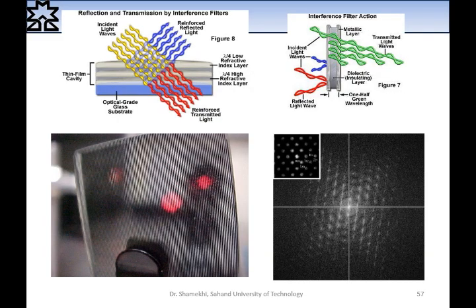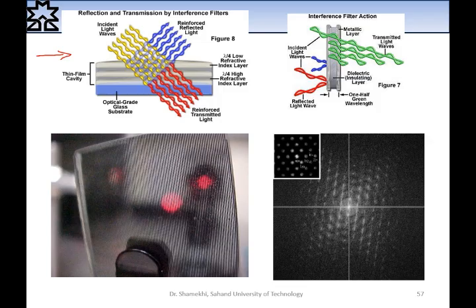As you can see in these figures, interference filters, we talk about some stacks of layers, and you can see everything is about the wavelength and the thickness of these layers.